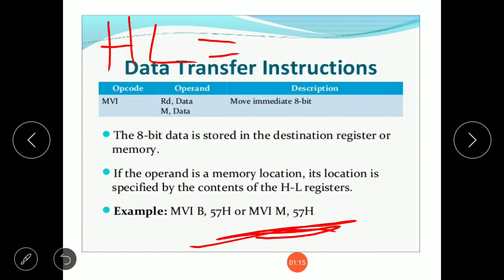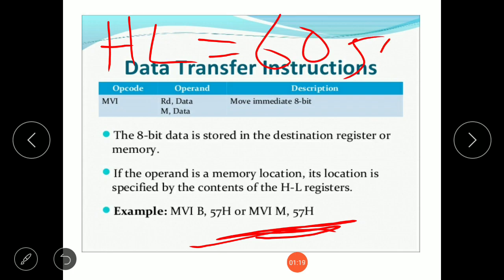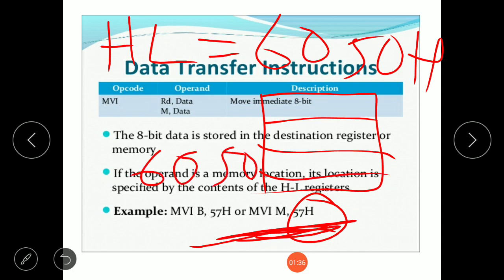Suppose the content of the HL pair is 6050H. So what does the microprocessor do? After the execution of this instruction, this 57H will get stored in the memory location whose address is 6050H. There this 57H will get stored.